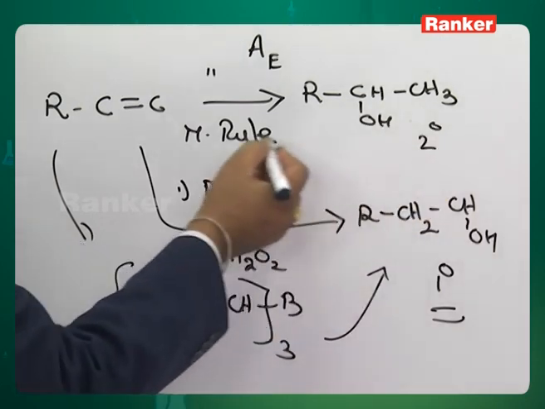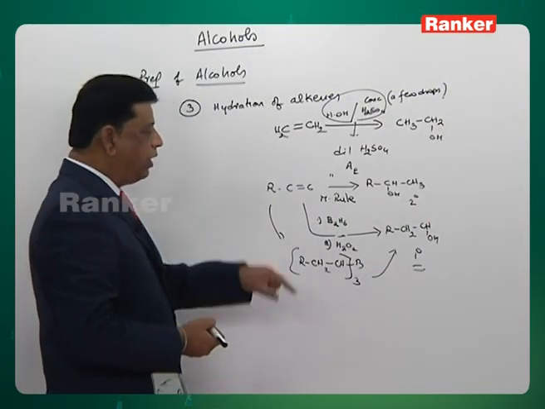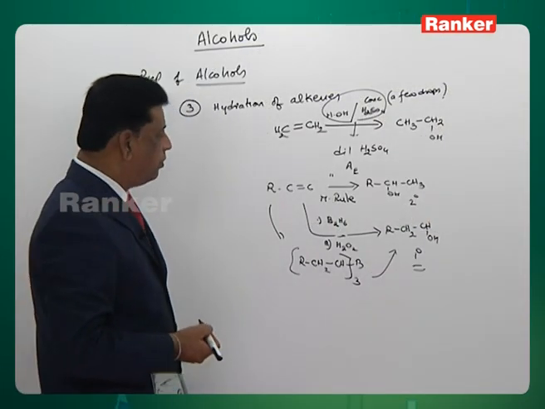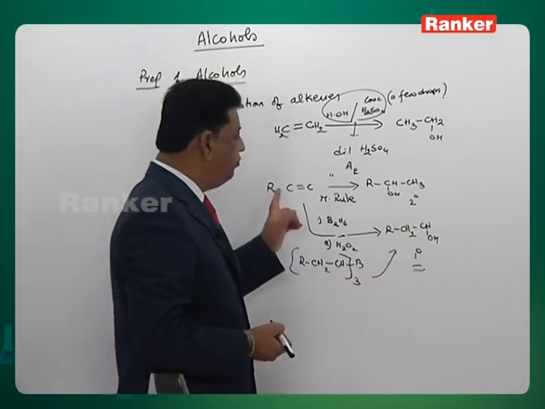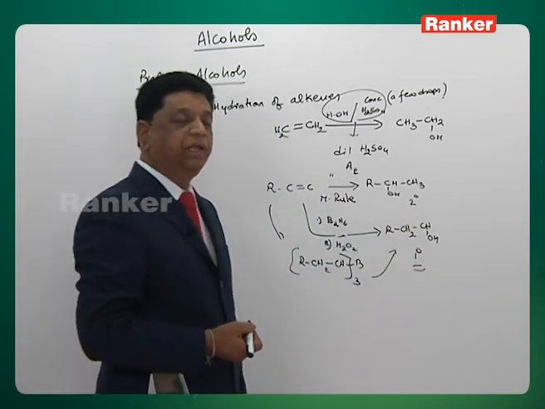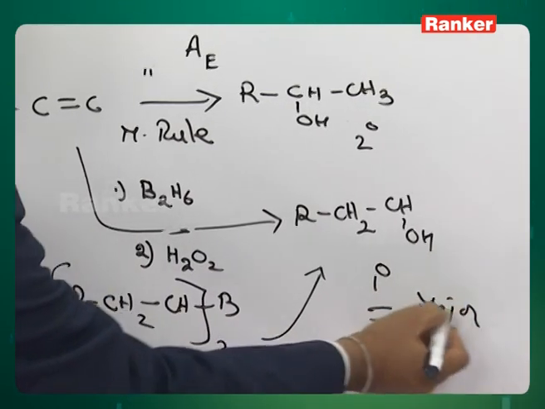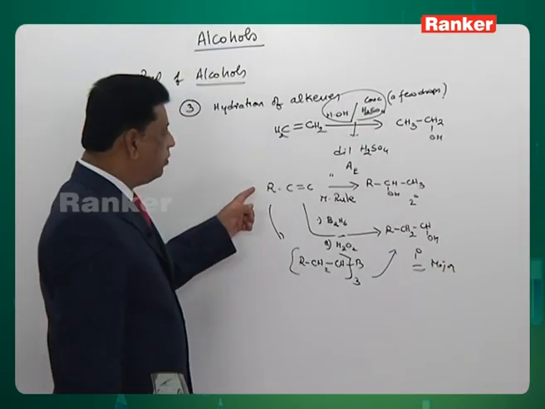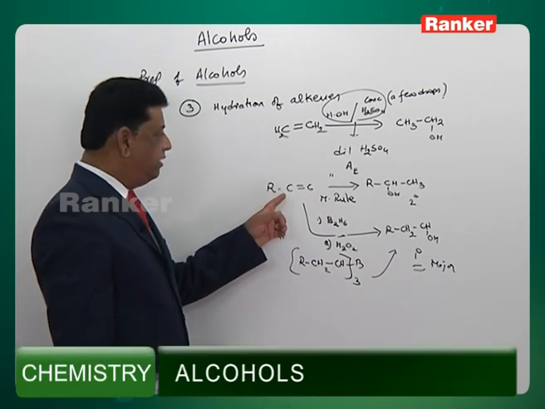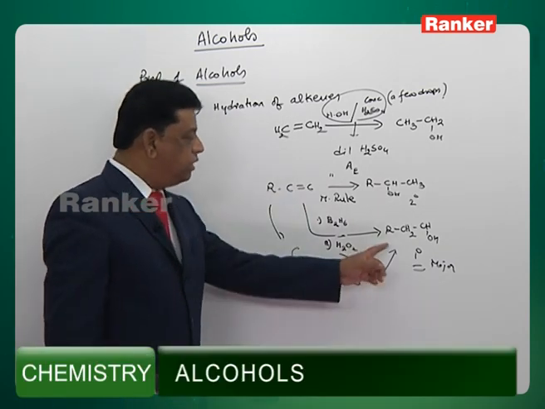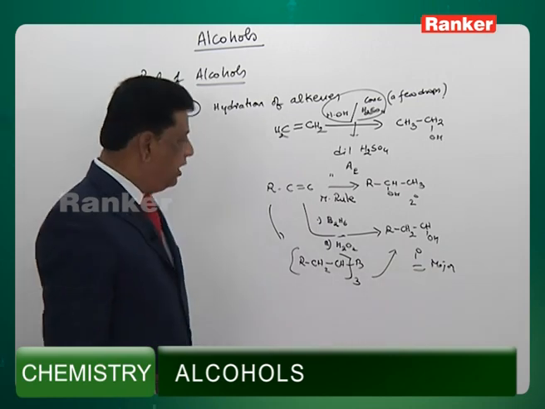This is 2 degree, this is Markovnikov rule. Here the product is formed anti-Markovnikov, that is, if you take propene, 1 propanol will be the major product. You can apply anti-Markovnikov addition of HX, HBr, and by hydrolysis also you may get this 1 degree type of alcohols.